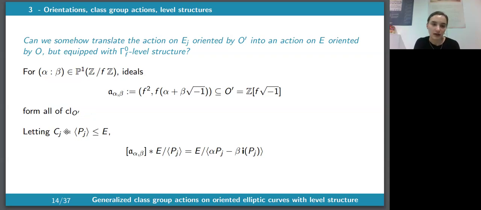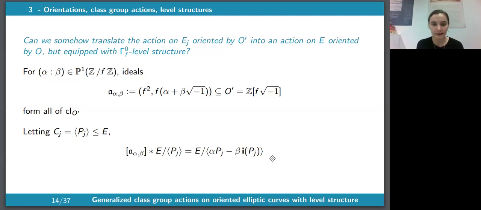And if we let our subgroup Cj be generated by some point Pj, then the action of the ideal class of A alpha beta consists in sending the subgroup generated by Pj into the subgroup generated by alpha Pj minus beta i of Pj.